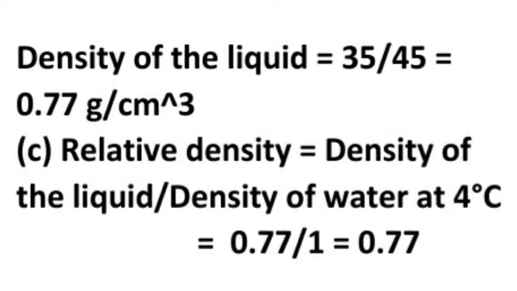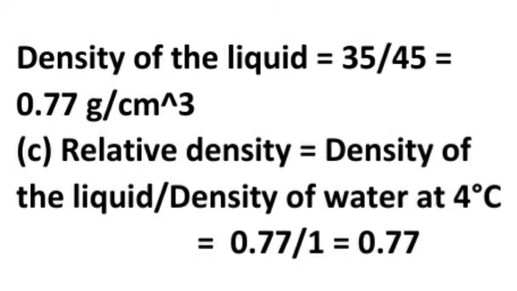And part C is you have to find the relative density. What is relative density? It is the density of a substance upon density of water at 4 degrees Celsius. Here the density of the liquid is 0.77 gram per cubic centimeter and the density of water at 4 degrees Celsius is 1 gram per cubic centimeter.